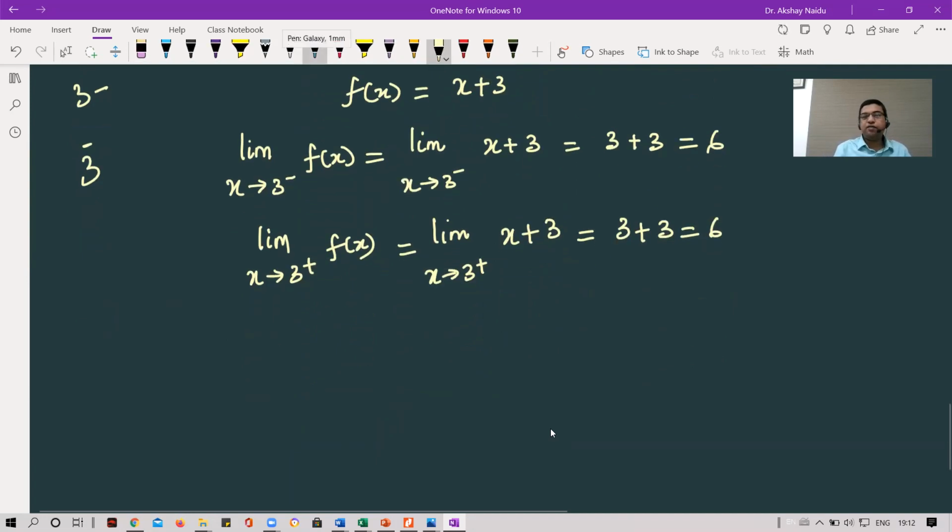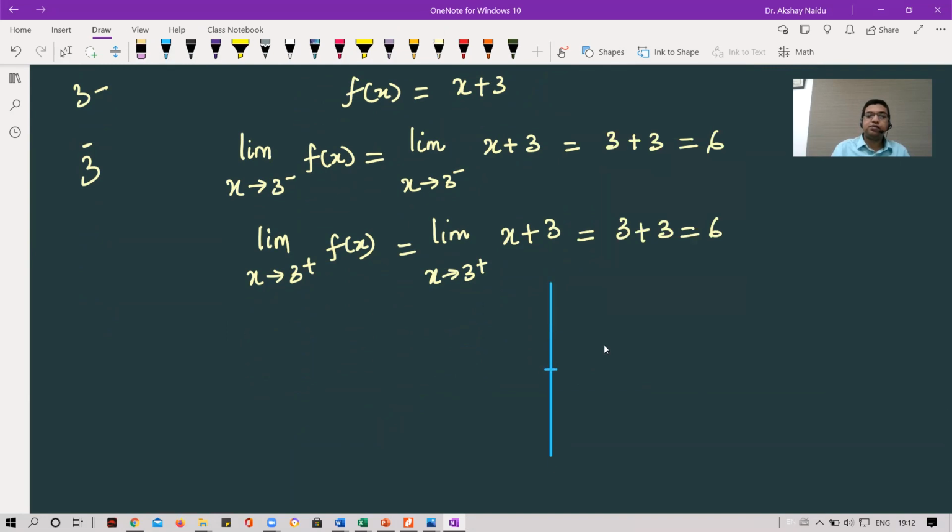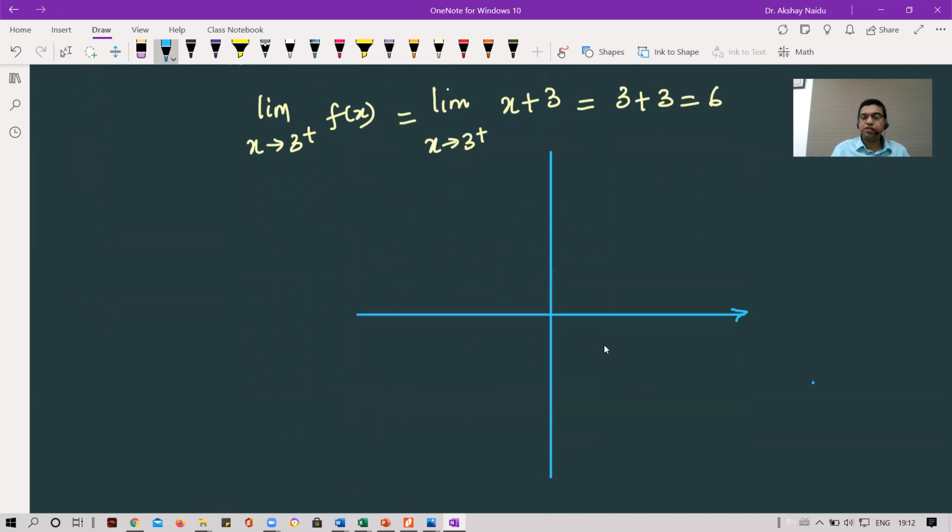Now look at the interesting thing. How do you draw the graph of this function? We'll draw the graph of the function at x equal to 3.